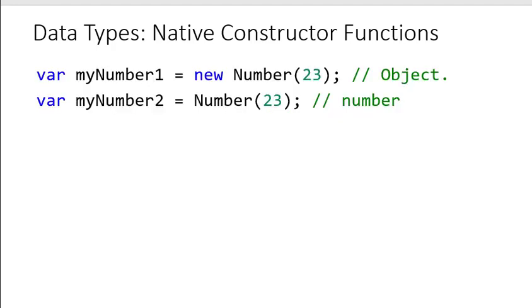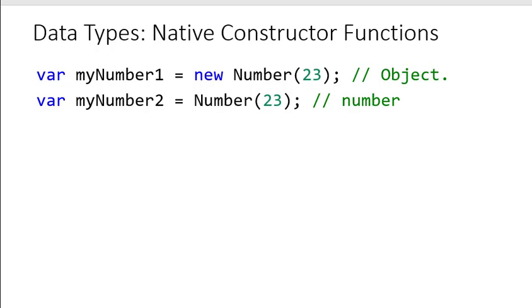But here is an important difference you should remember while using native constructor functions for primitive types. When you use it with new operator, the primitive type is wrapped as an object. But if you don't use the new operator, it returns the primitive type. That is a major difference when calling a primitive constructor with the value types.